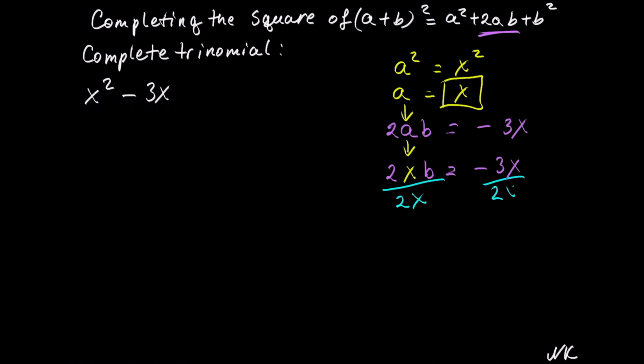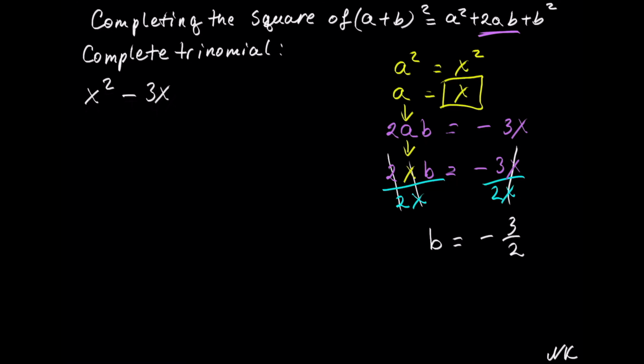And we have to do the same thing on both sides. And we get 2x out of 2x cancel into 1. And b is equal to negative 3x divided by 2x. X and x will cancel into 1. So we get b is equal to negative 3 out of 2.